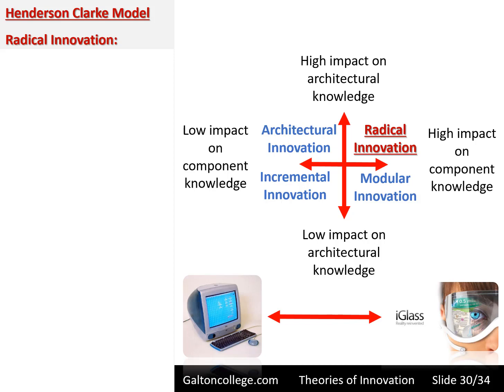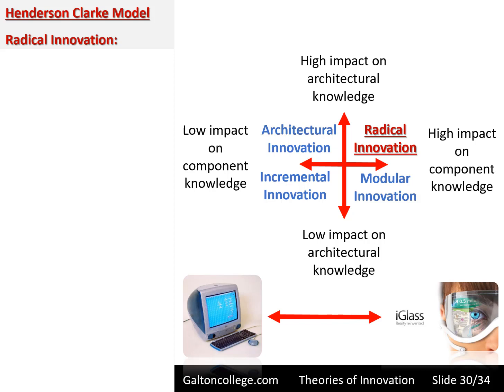Now, radical innovation. Well, this is high impact component knowledge and high impact architectural knowledge. This means the components are radically different, are very different, and the architecture is different as well. Well, we know that Google, for example, sell glasses that it's possible to connect to the internet and surf the net whilst at the same time using them as glasses.